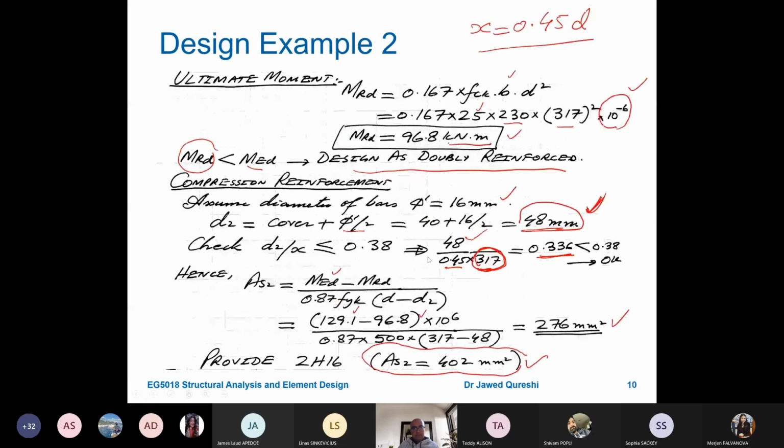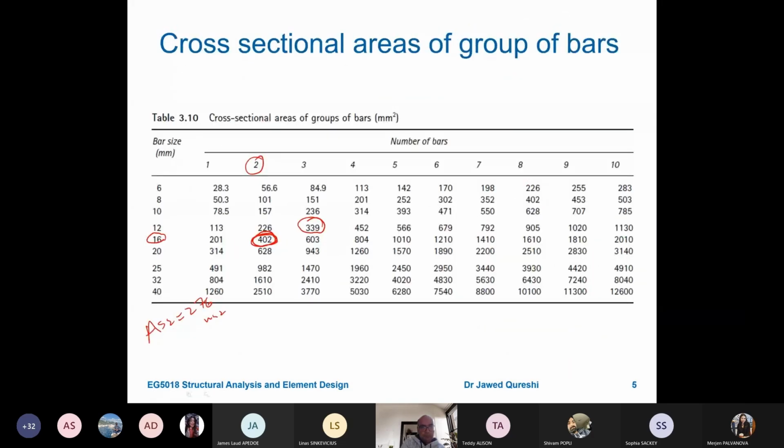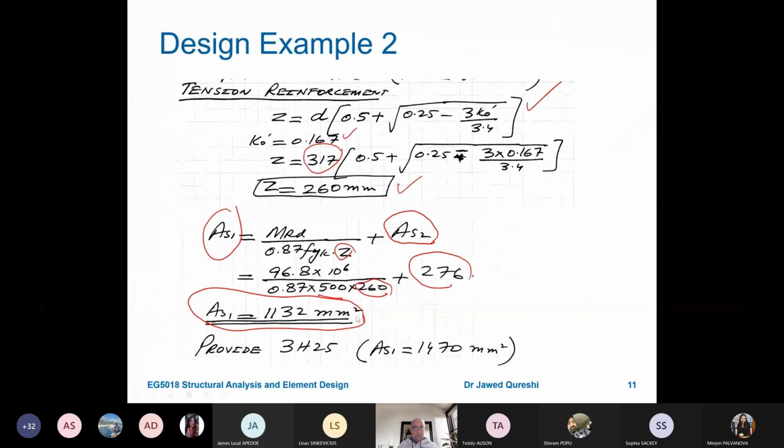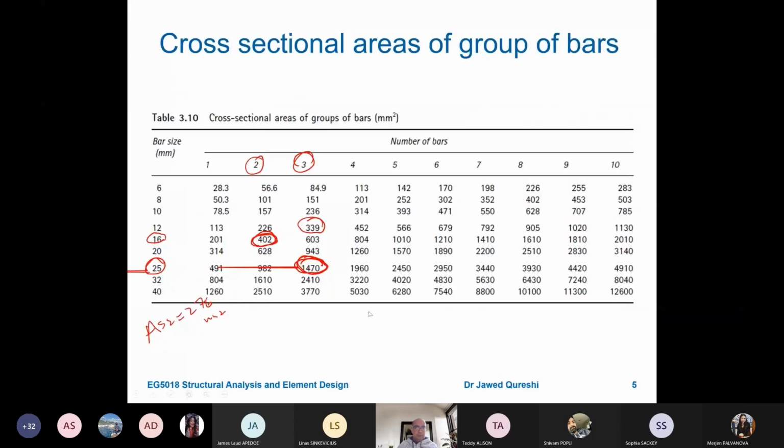Again, 3H25, with bar size 25 and number 3, gives you 1470, and our required one is 1132. If you wanted, you can choose other bars, actually. You can choose 4 H20 as well. But again, you have to revise D and see if it has any effect.